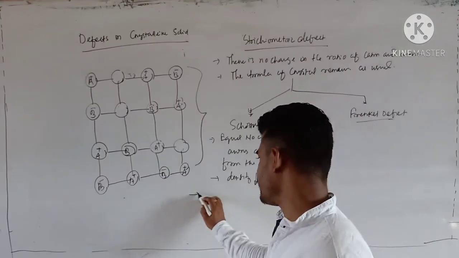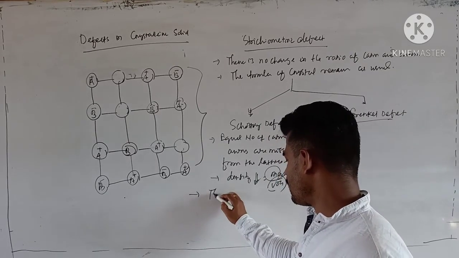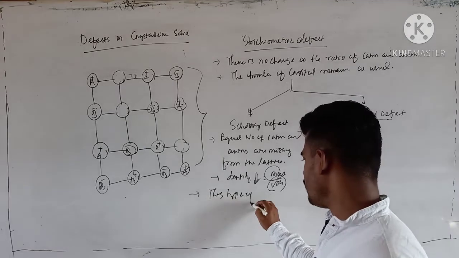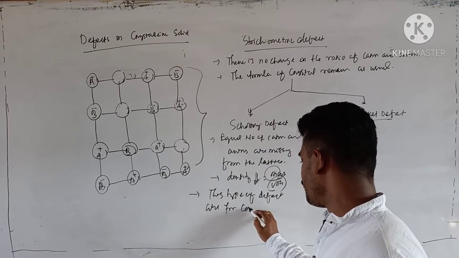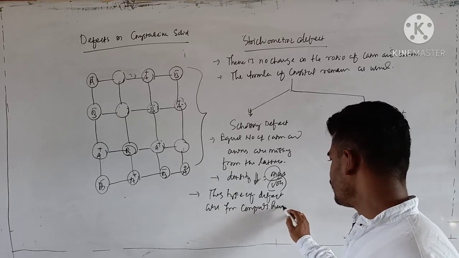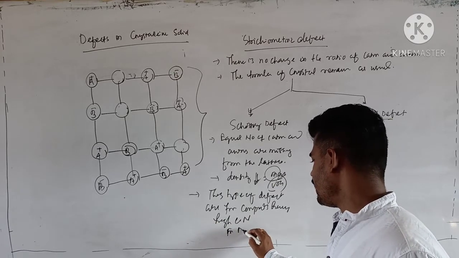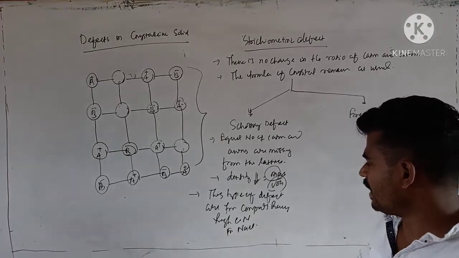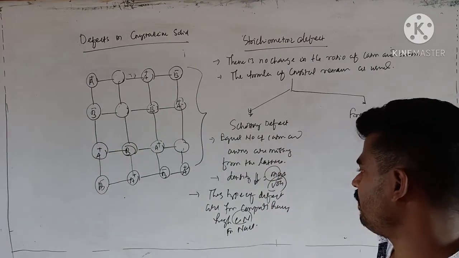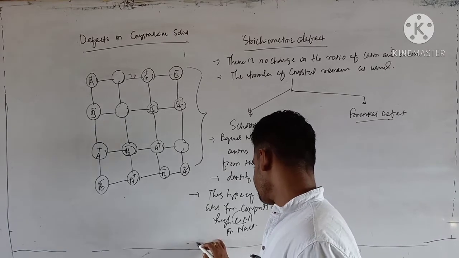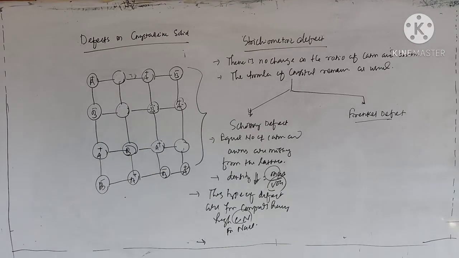Another important characteristic: this type of defect is found in compounds having high coordination number, for example NaCl. So compounds with high coordination number generally show Schottky defect.